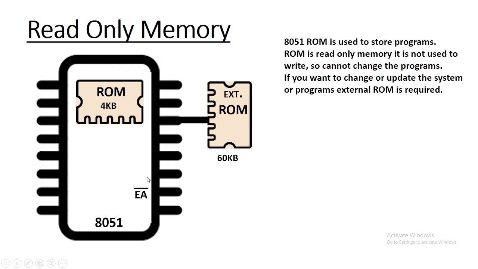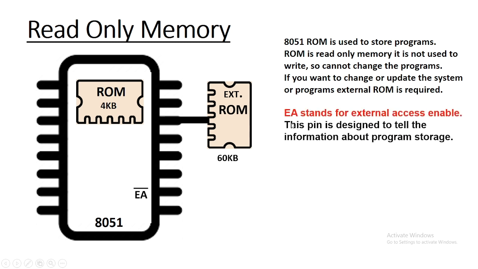When you are interfacing external ROM, this pin, the external access bar pin, plays a very significant role in determining from which memory the program should be fetched. EA stands for external access enable.